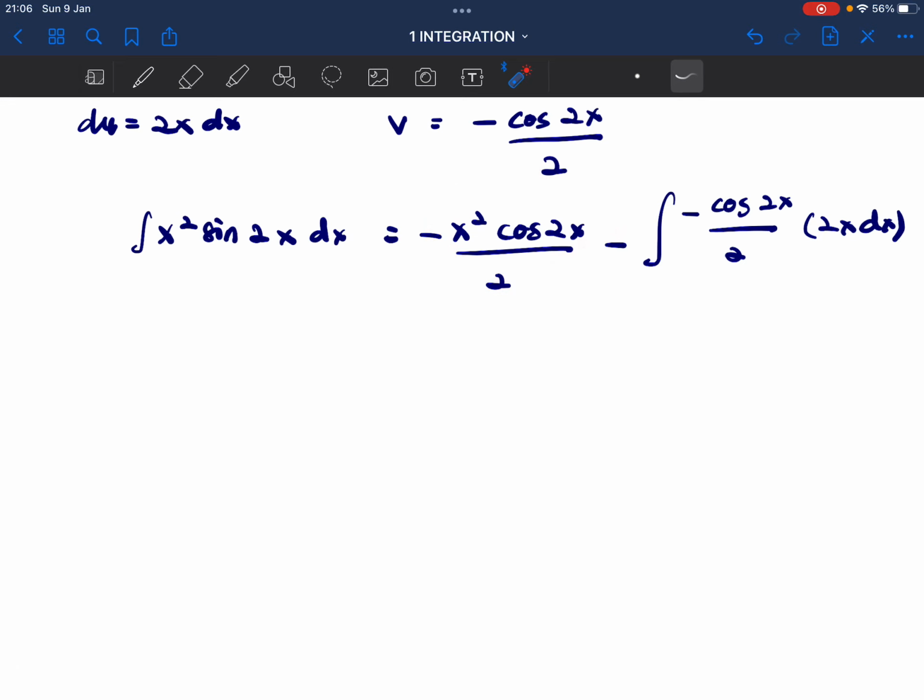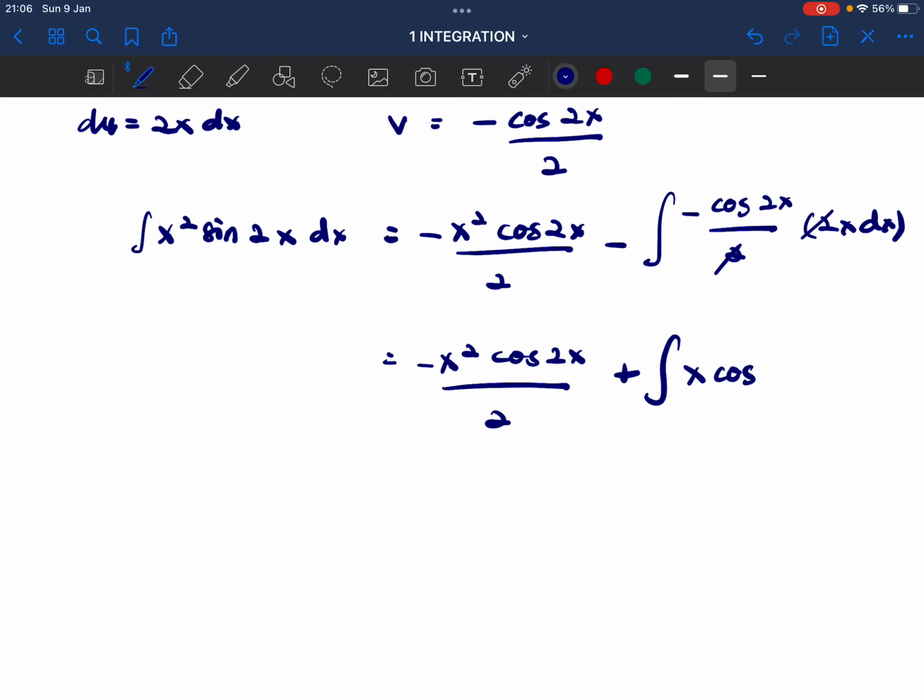Here we can simplify, this one becomes positive, this one can cancel out. So you will get negative x square cos 2x over 2 plus, we have not integrated yet, just simplified, x cos 2x dx, right?